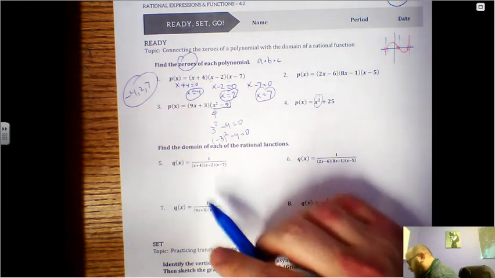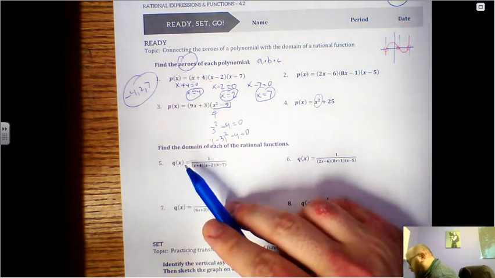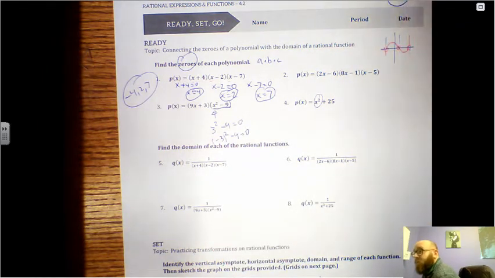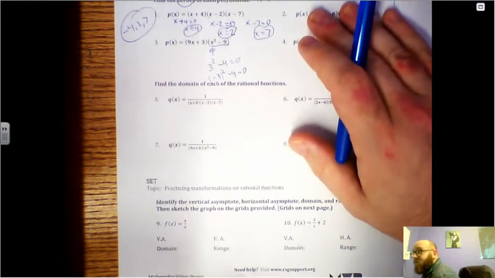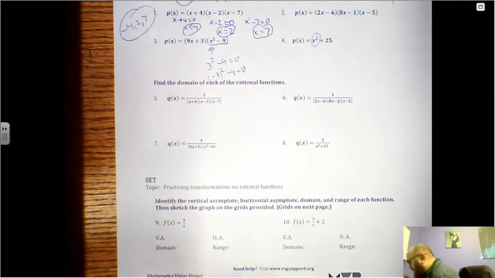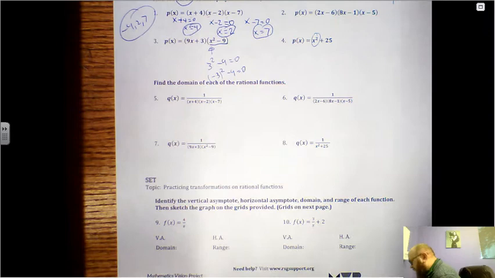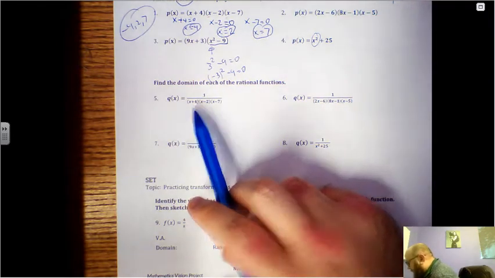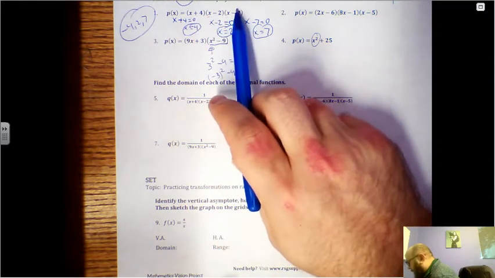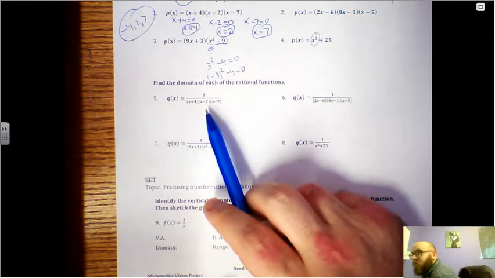All right. For the next section, it wants us to find the domain of each of the rational functions. This is kind of asking the same thing, but very slightly differently. Instead of it being multiplied as a polynomial, we're looking at it as rational functions.